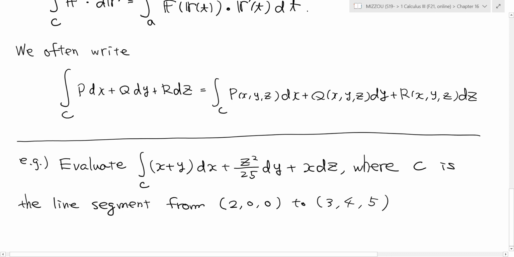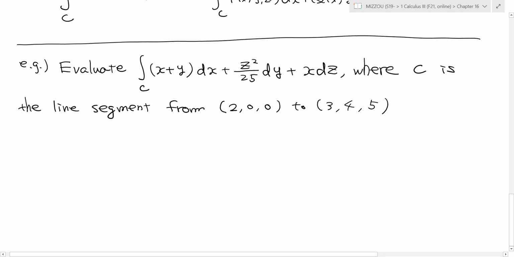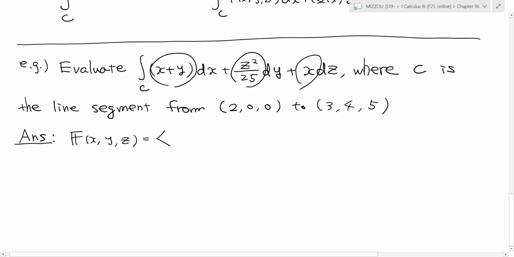Okay, let's think about this problem. The idea is the same as the case of two variables. We just have three variables in this case. First of all, the vector field we integrate, F of x, y, z, you can read off from whatever you see in front of dx, dy, dz: x plus y, z squared over 25, and x.